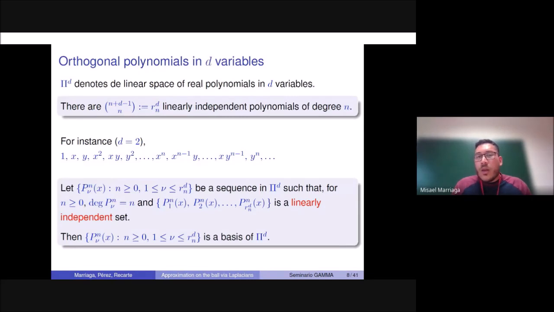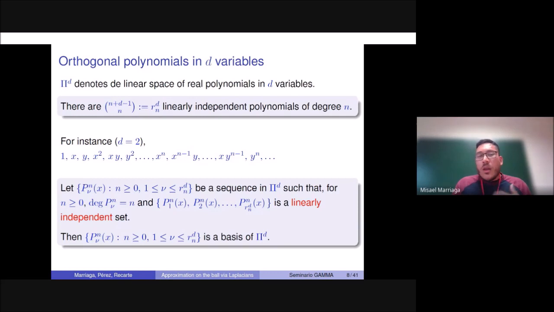If you order them according to the total degree, what you're going to get is an orthogonal basis where each element is orthogonal to every polynomial of lesser degree, but you don't know anything about what happens between elements of the same degree.